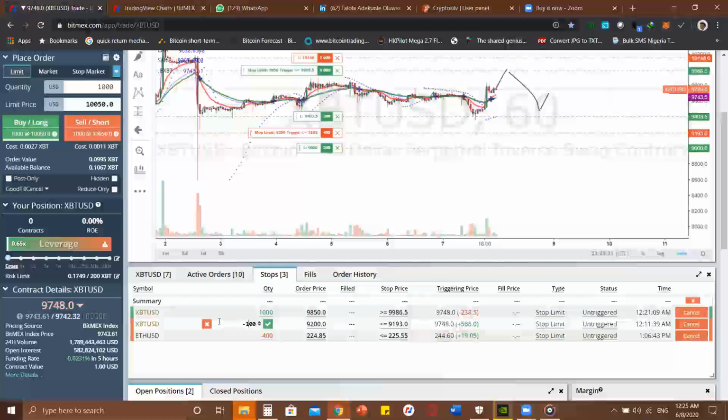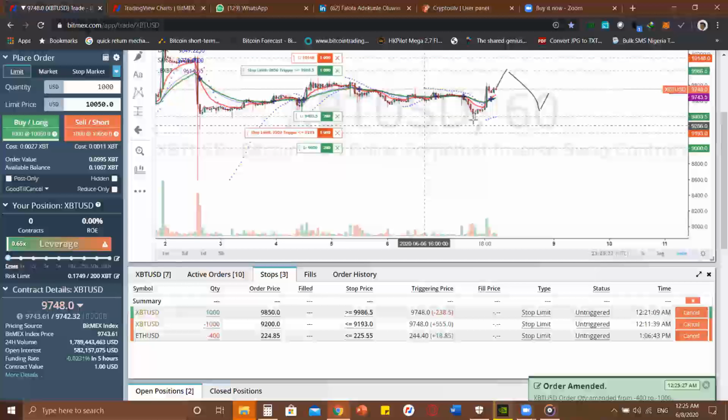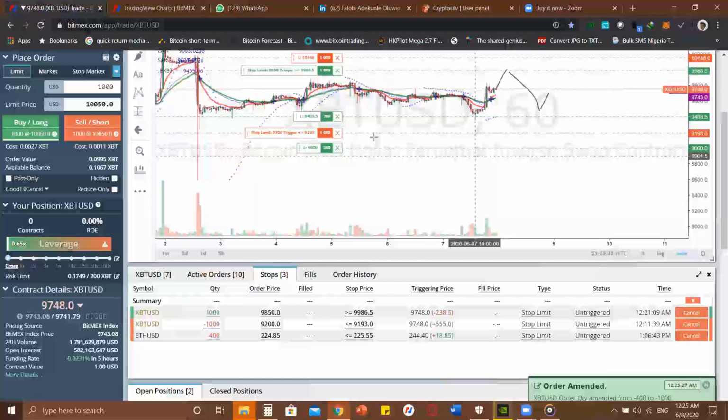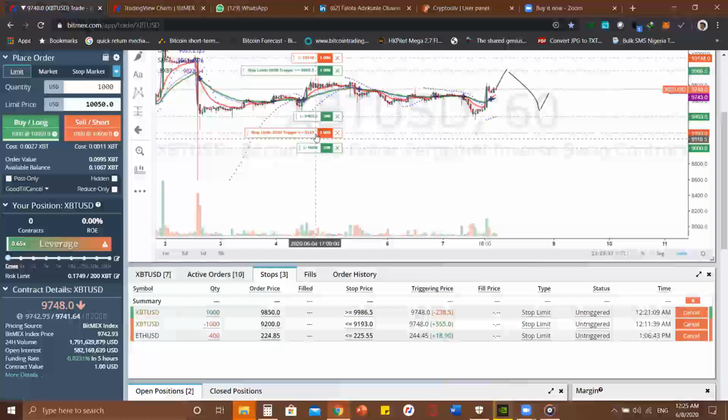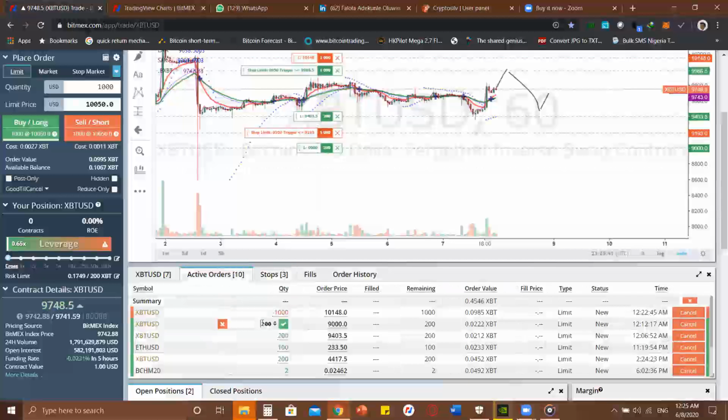So if the trade actually went against me that afternoon and the price kept coming down, I'm going to lose the worth of $200, but I'm going to gain the worth of $800 in conversion, because I'm going to place my close around my target here, and I'm going to change it to 800.